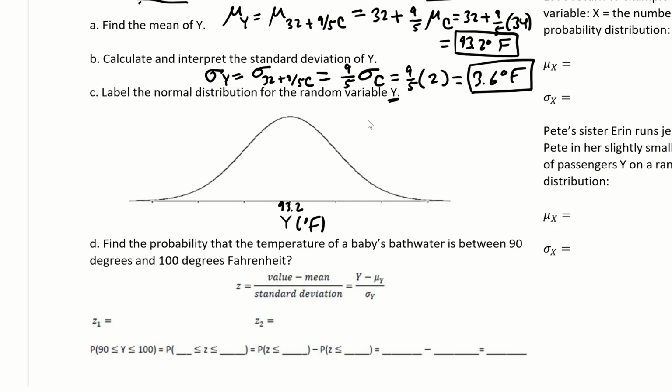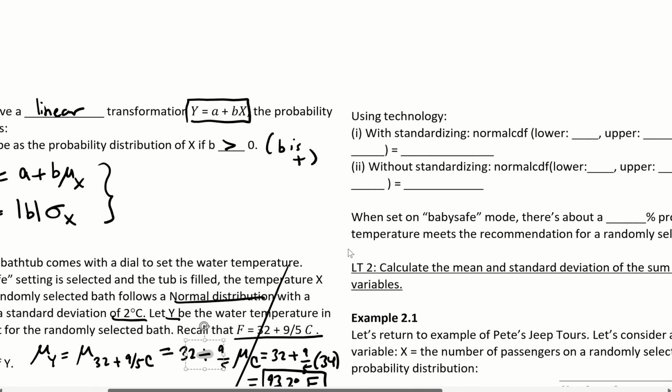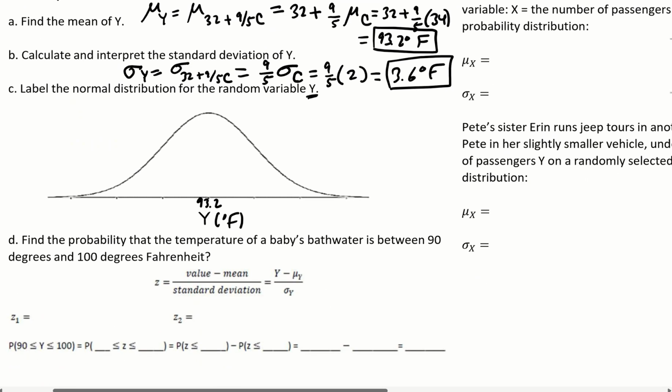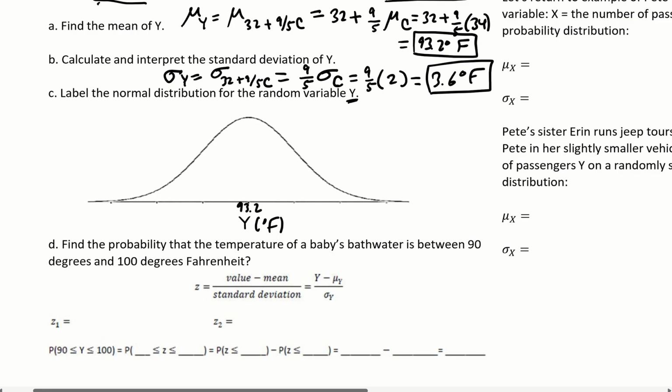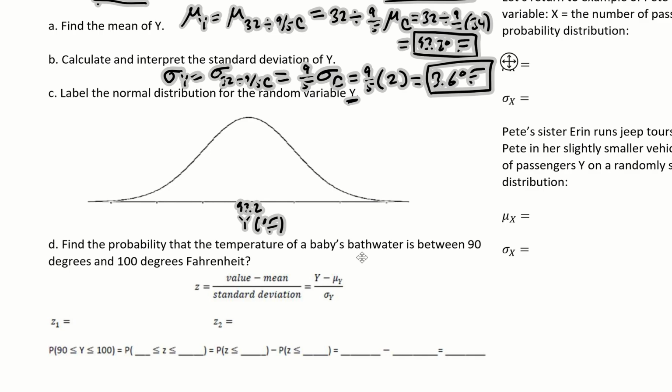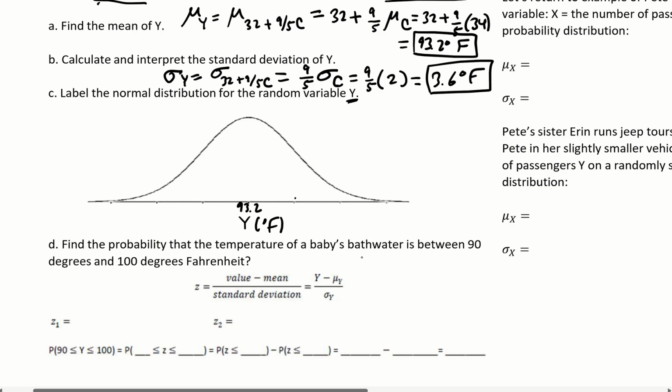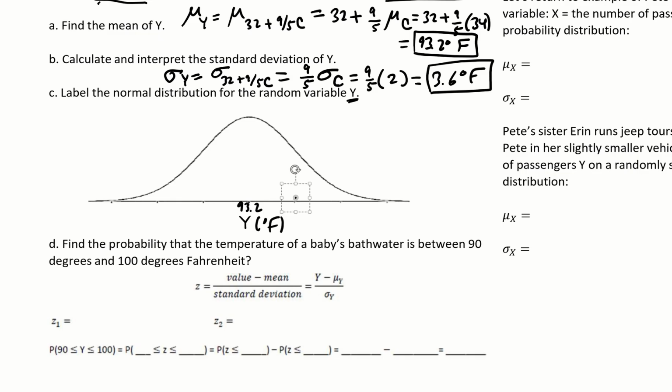Remember from chapter 2, we start with the median or the mean in the center, and then we add and subtract the standard deviation to get each of the values here. So we add 3.6 to 93.2 and we get 96.8, and then continue doing that.